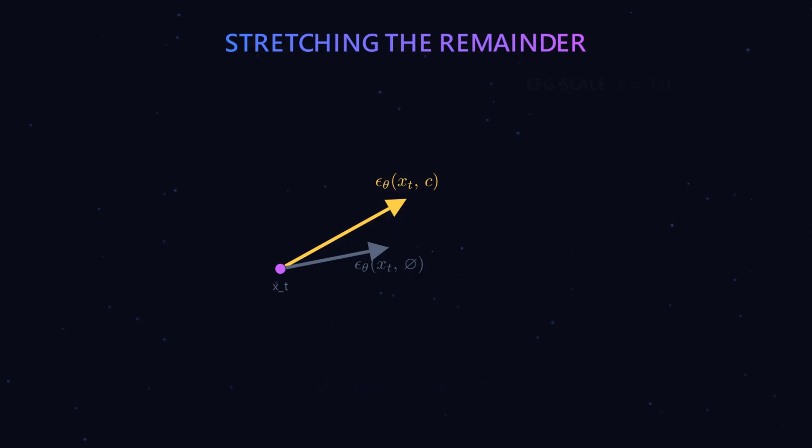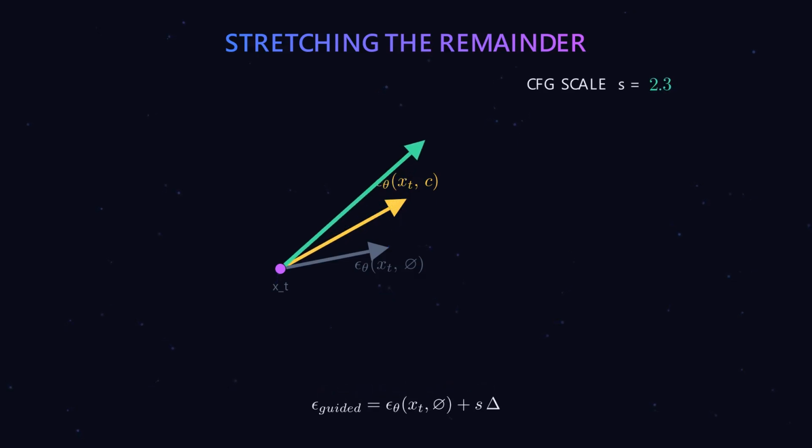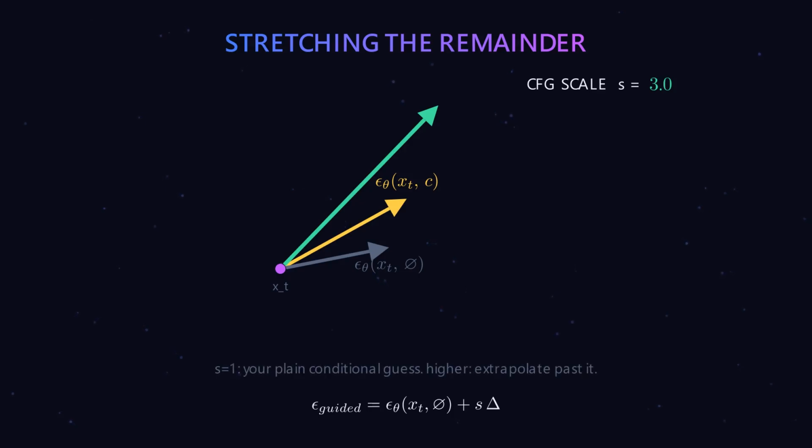Classifier-free guidance is the formula epsilon guided equals epsilon uncond, plus a scale s, times that difference vector. In plain terms, start at the generic unconditional direction, then walk further, s times further, along exactly the direction your prompt was already pulling. If s equals 1, you just get the plain conditional prediction back, no extra push.